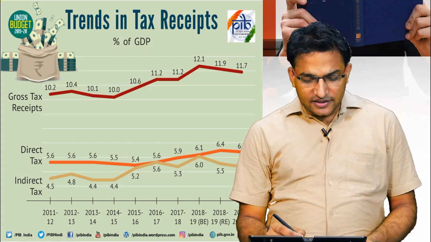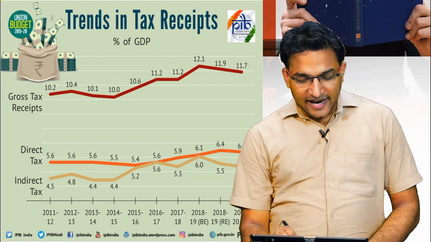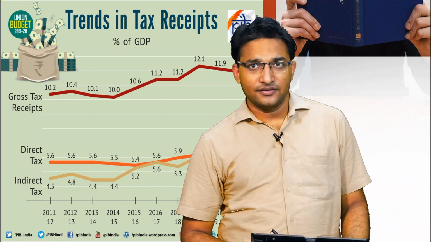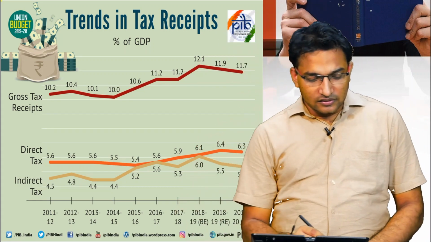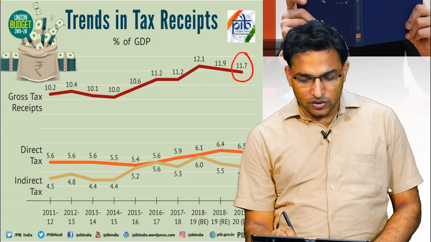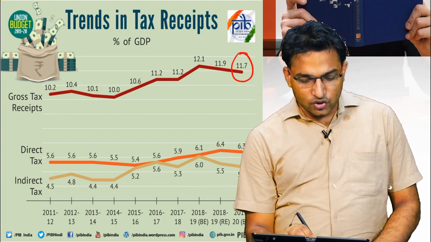So first of all, let us see the trends in tax receipts. The tax receipts are part of the revenue receipts, and the gross tax receipts as a percentage of GDP actually indicates the tax to GDP ratio.